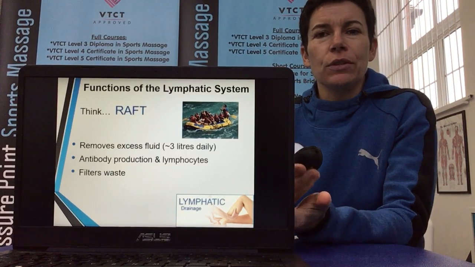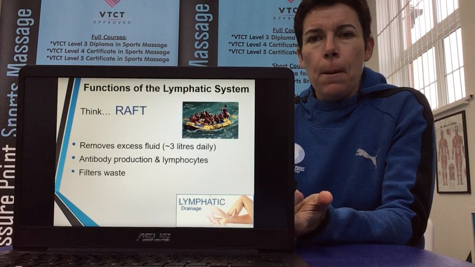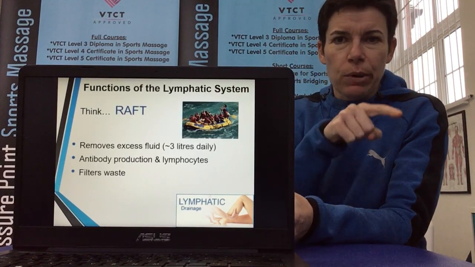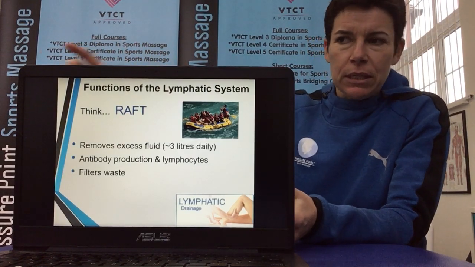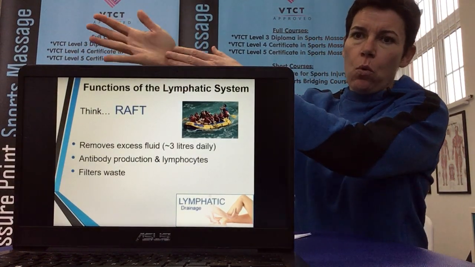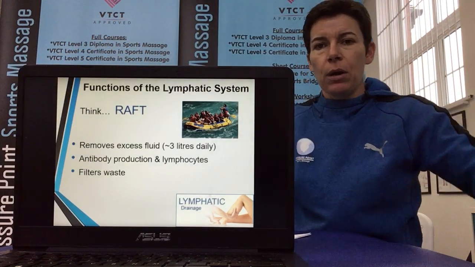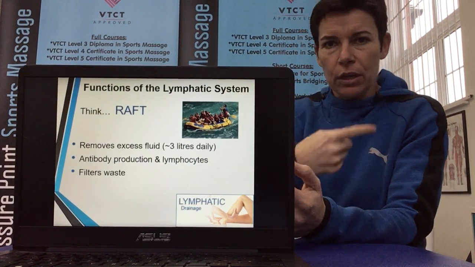This is an add-on to that system. So it really closely links to the cardiovascular, but it doesn't actually start and finish where it starts. The lymphatic system will start at the extremities. It might start at the fingers and then work its way up to the heart in this pathway, whereas the cardiovascular system will just keep circulating round and round.